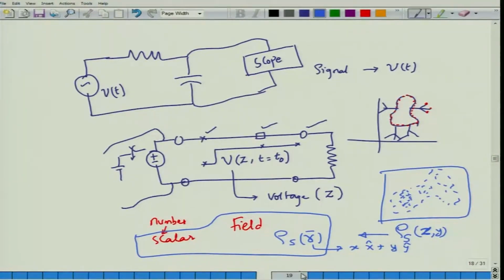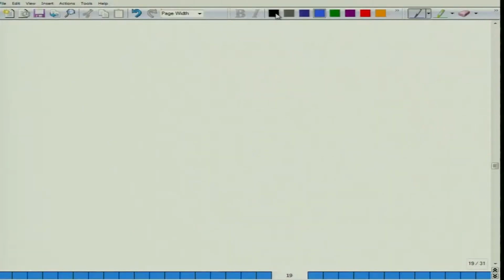How might a vector field look? Suppose I take the same charge distribution, right? And I know that around charges there will be an electric field. This is something we know from our high school physics classes: surrounding a certain charge distribution will be electric fields, and we know that electric fields are not just a number, but have to be associated both with a number as well as a direction. You don't say electric field is 10 volt per meter. People will immediately ask you what is the direction of the electric field, right?